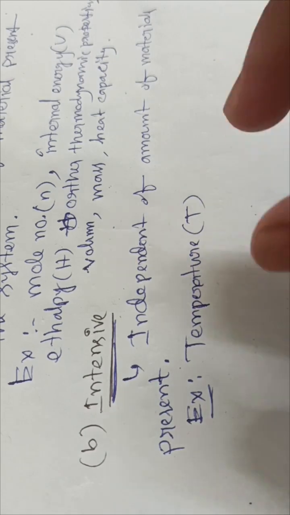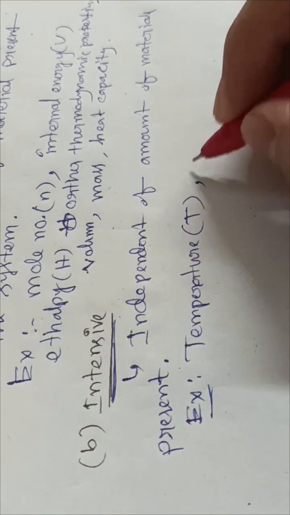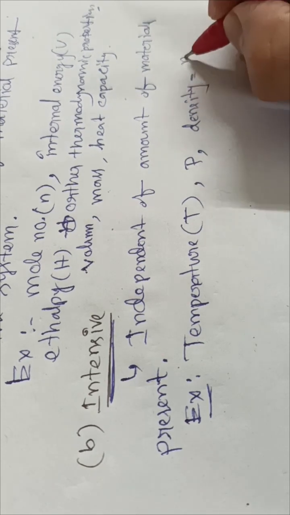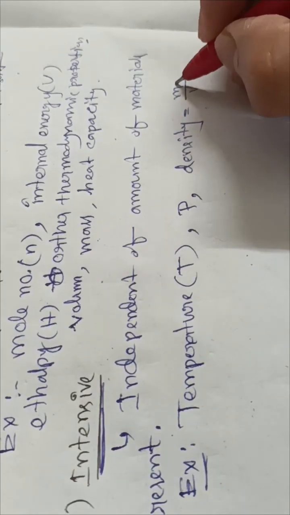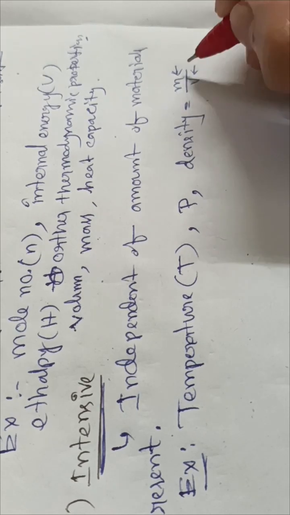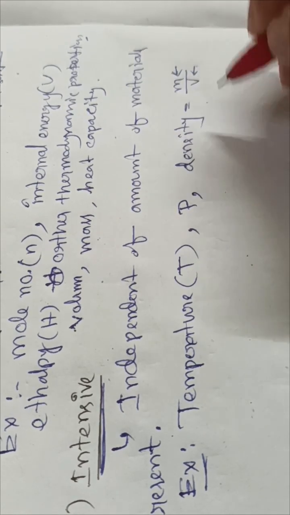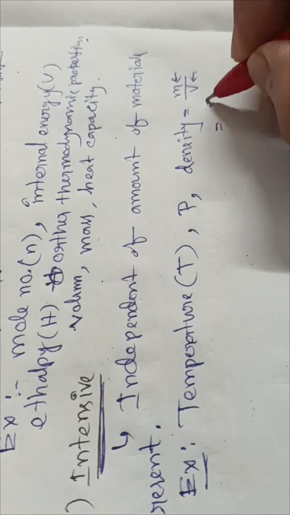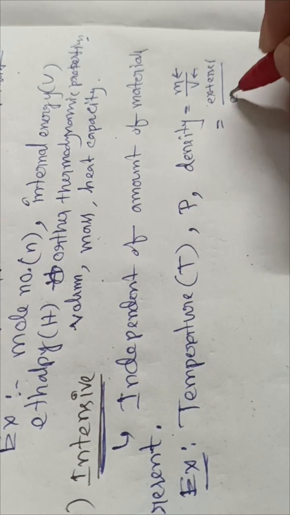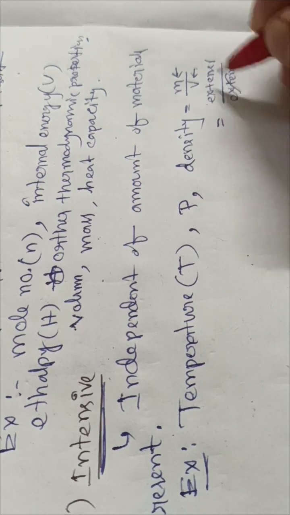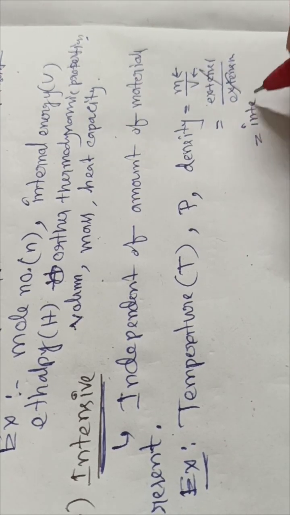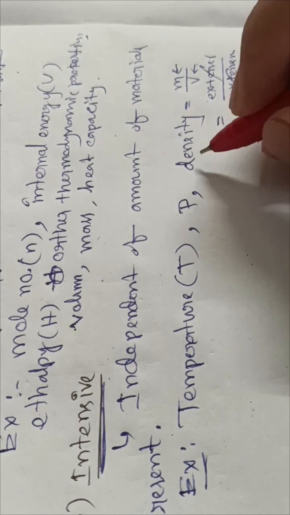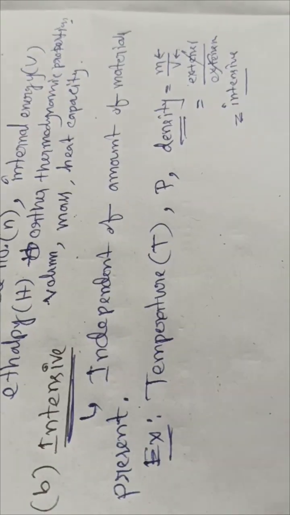We know temperature is not dependent on mass or any amount of material. Pressure is also intensive. Density means mass by volume. Mass is extensive and volume is extensive, so the extensive ratio cancels out and it becomes an intensive property. So density is an intensive property.